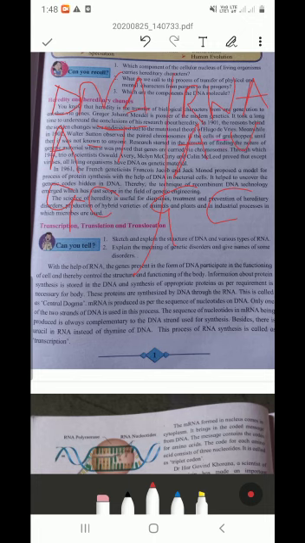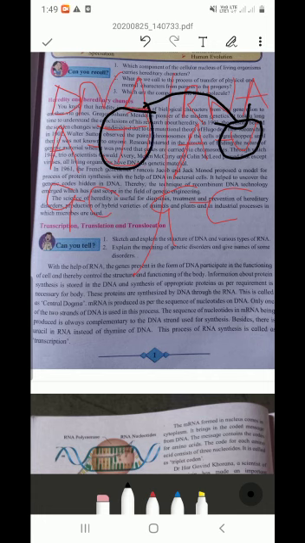Adenine pairs with uracil and guanine pairs with cytosine. Here you see the change: in DNA, thymine is there, but in RNA you will see U, uracil, is there. This is the change.